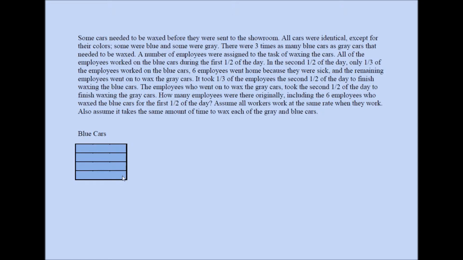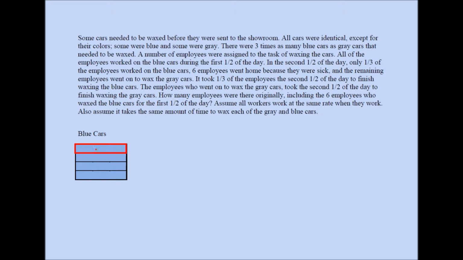And you also have to understand one of the key points: 1/3 of all the employees can do this much in half of a day.